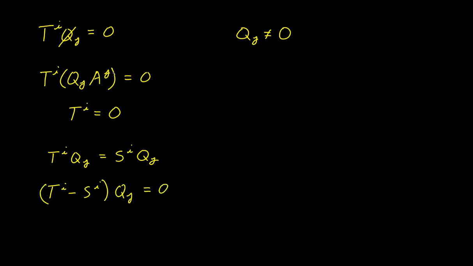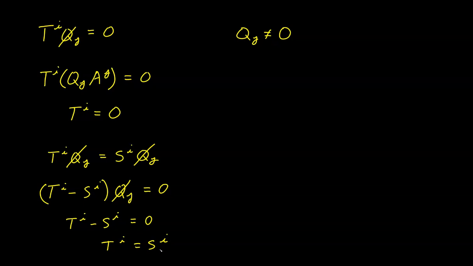And using the same logic we used up here, we can eliminate this factor, and that means that Ti minus Si is equal to 0, or Ti is equal to Si. The end result is that we have in effect canceled these common factors out of this expression to get this result. Now this is something that can always be done with an outer product. As long as we know that the common factor is not equal to 0, then we can cancel out the common factors and get the result like this. It always works with any outer product.